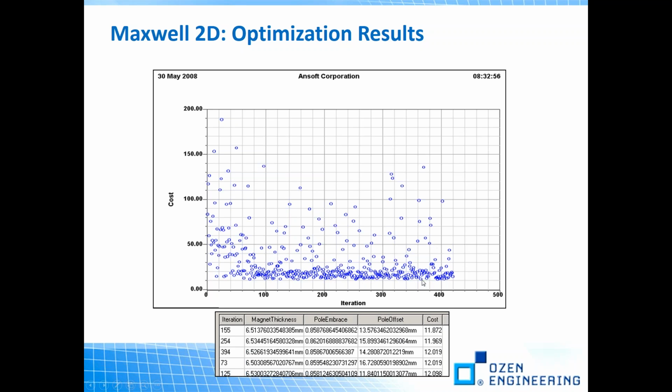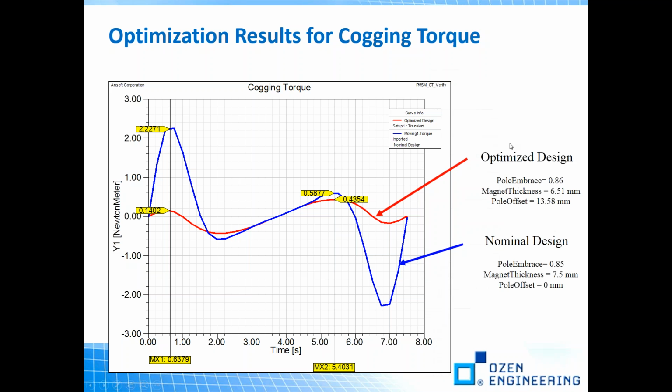If we choose the best result, these values are from the optimized design. For the optimized design, the red curve shows the cogging torque, but the nominal or initial design that we had was like that. So it shows that optimization really helps you get the best performance of your design.